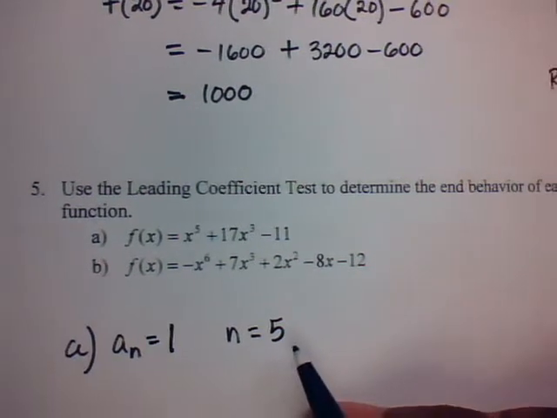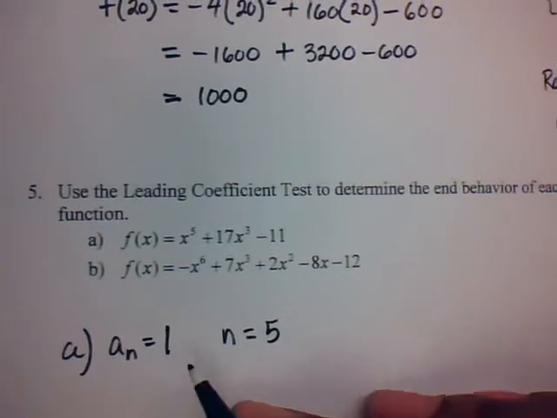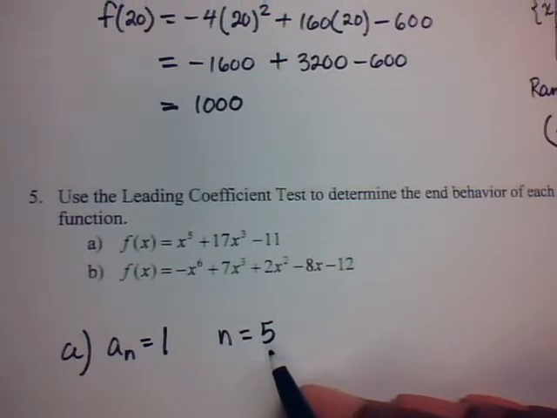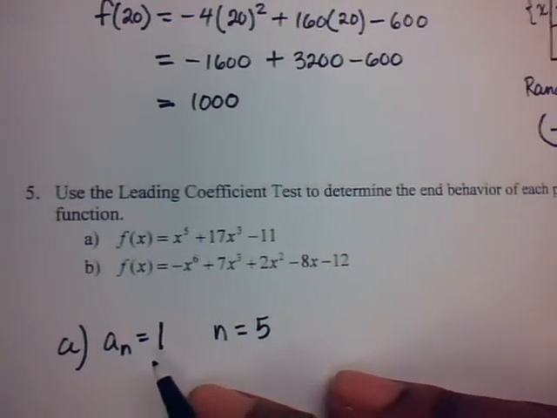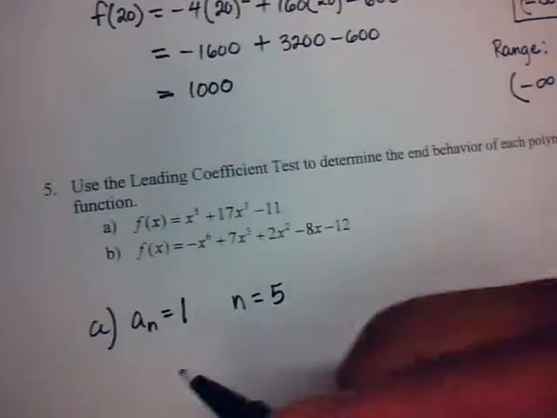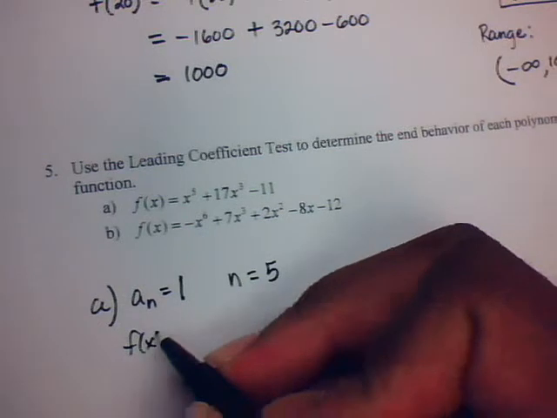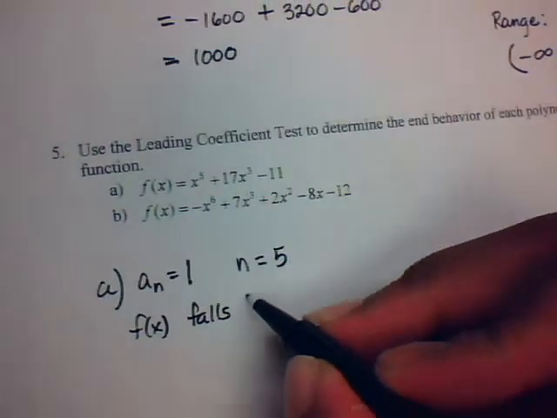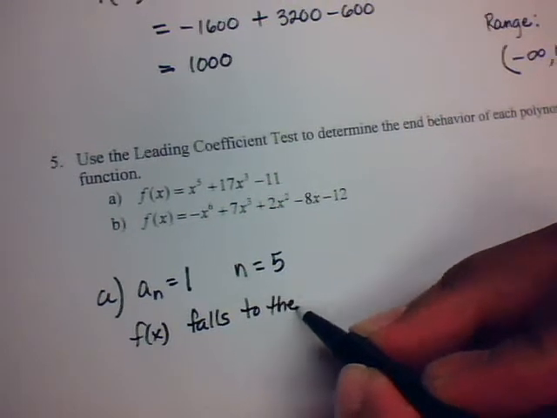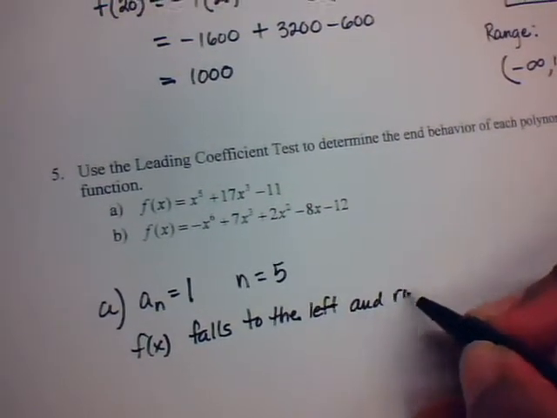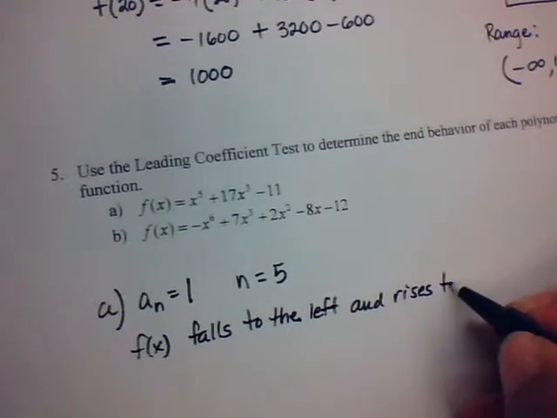Now let's compare n and a sub n. n is odd because n is equal to 5. a sub n is 1 and it's positive. So that means, in this case, for your f of x, the end behavior is that it's going to fall to the left and rise to the right.